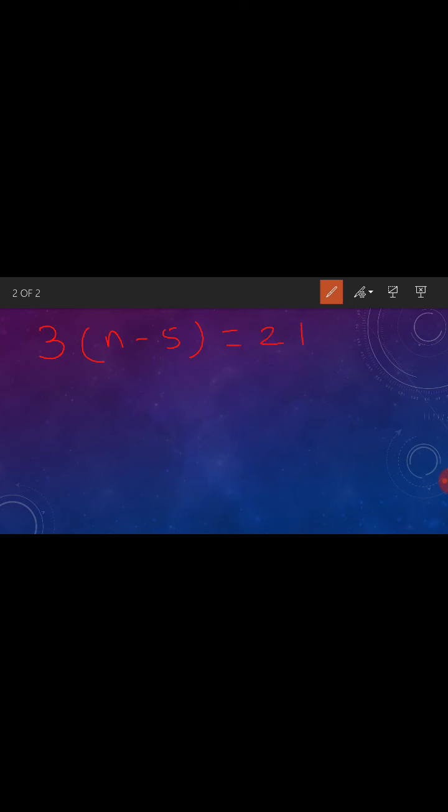Now here you can apply a step like this. Either you can open this bracket by multiplying with 3 or you can transpose 3. So I felt it easy to transpose 3. So what I am doing, 3 into this whole bracket. So 3 will be transposed to RHS. So it will become divided by. So n minus 5 equals to 21 divided by 3.